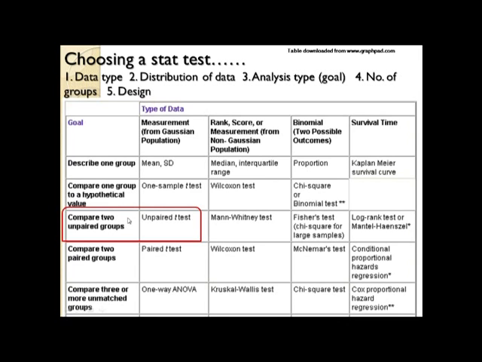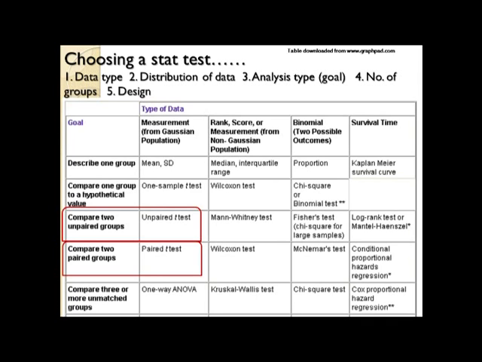Now if you look at this table, what is given in blue is your goal or objective of analysis. That's one. And second, what is the type of data which is being used. So for example, if you are comparing two unpaired groups, your goal is basically to compare two groups.